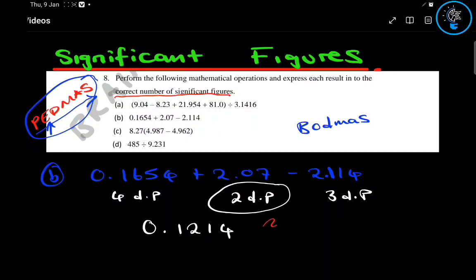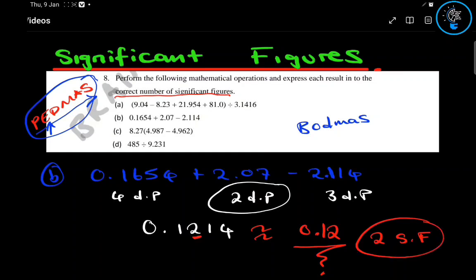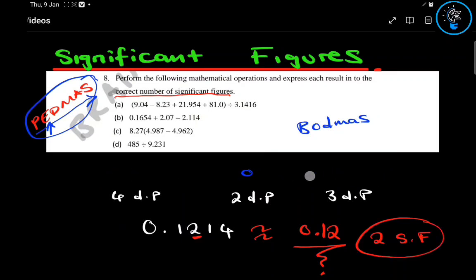Okay, how many decimal places are we supposed to round it off to? We need to round it off to 2. So it will be 0.12, since 1 is less than 5. And how many significant figures are in this number? We have 2 significant figures. Very, very simple.